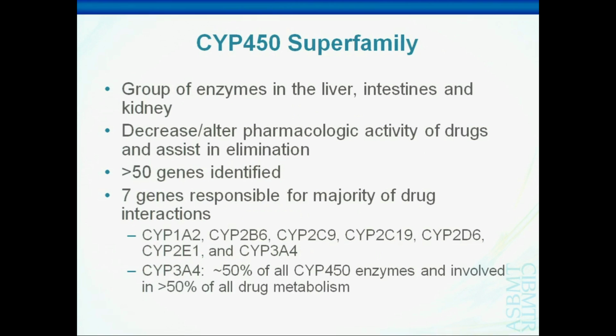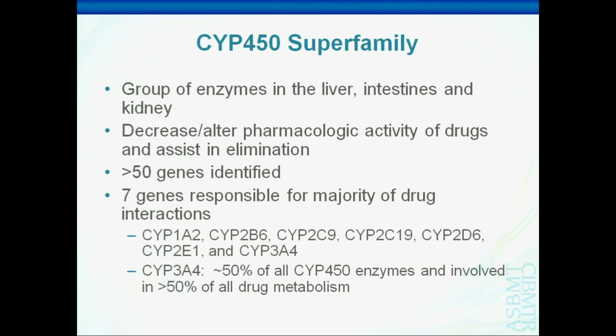So let's delve into the CYP450 superfamily that we all know so well. It's a group of enzymes found in the liver, intestines, and kidneys, and it's responsible for decreasing or altering pharmacologic activity of drugs and assisting in their elimination.